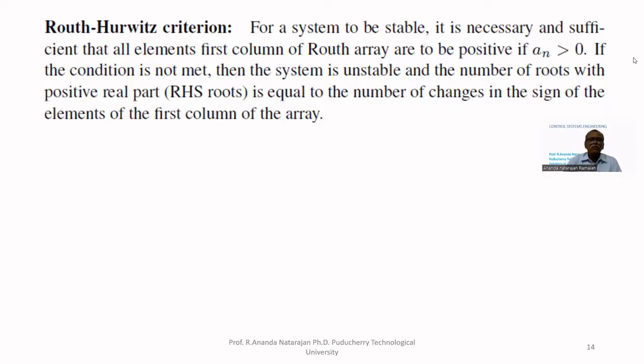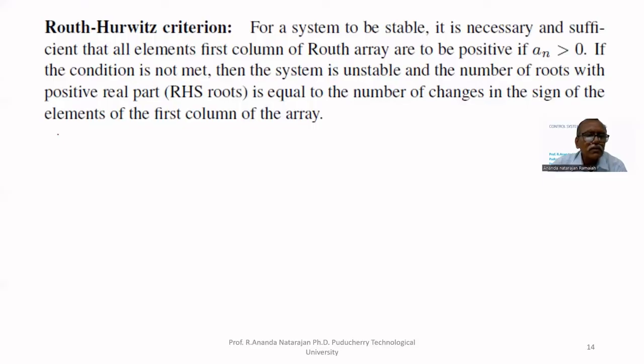The Routh array is an array of numbers formed from the characteristic polynomial, like a matrix. If the first column of the Routh array doesn't have any sign change, then the system is said to be stable. Now let us form the Routh array.